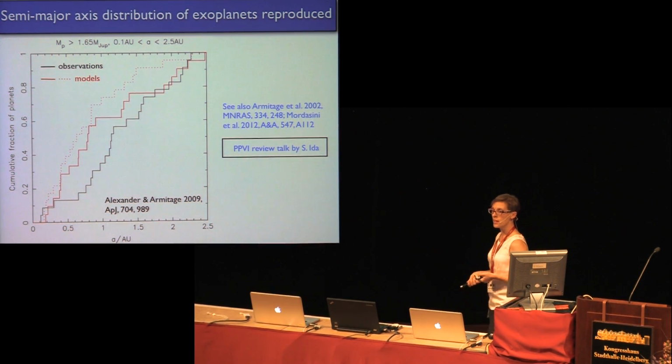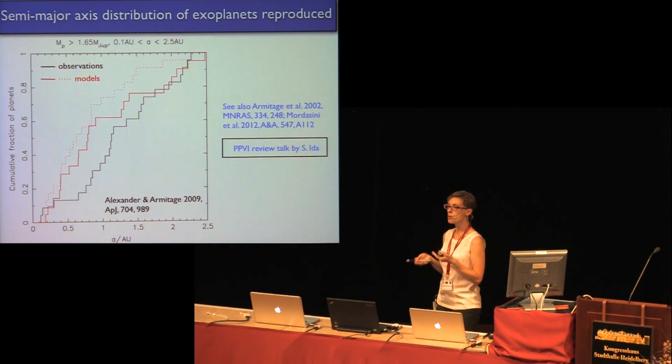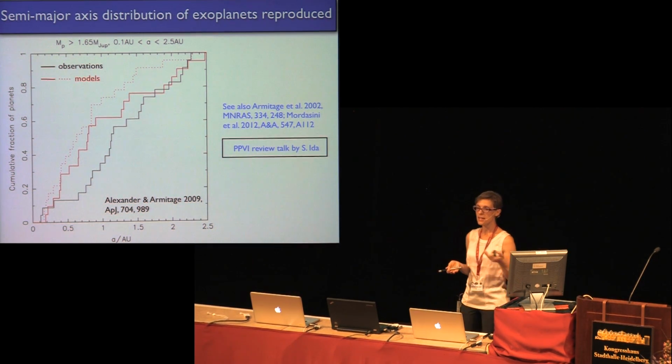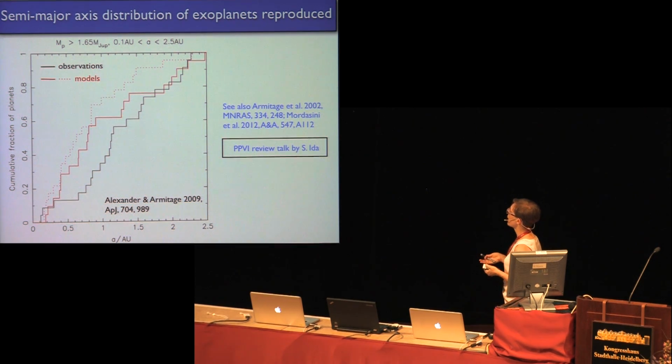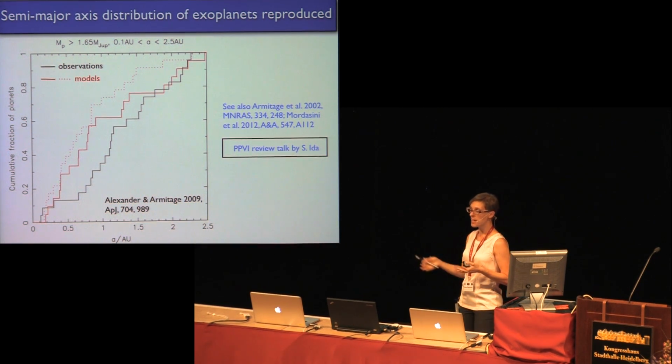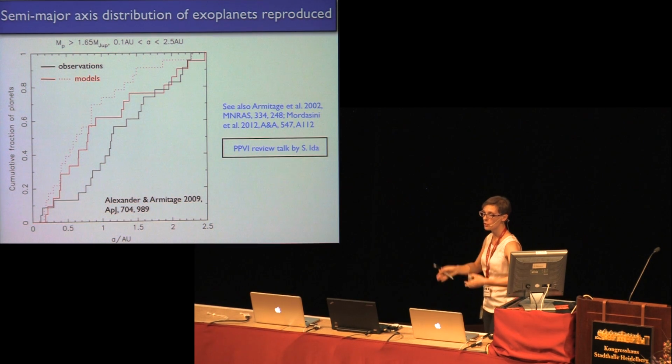In other words, the fact that we observe giant planets inside the snow line can be explained by formation outside the snow line, migration, and then stopping of these giant planets at the moment in which, for instance, photoevaporation takes over and disperses the disk.